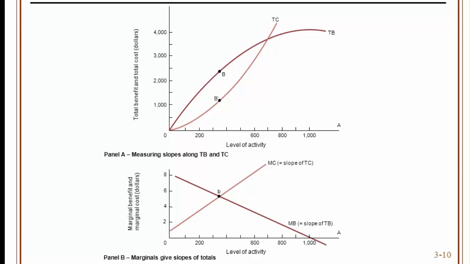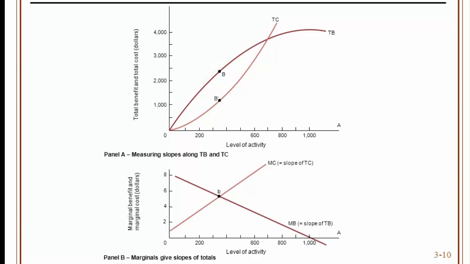And if I move backwards towards 350 units from 700, I can again see that the slopes start to become more and more equal. And I can see that in the graph below, too, that when I'm near the origin, the marginal benefit line is a lot higher than the marginal cost line. When I'm at 700 units of the activity, the marginal cost line is a lot higher than the marginal benefit line. But again, there's this interesting result that the slopes of the line are exactly equal at the optimization point.